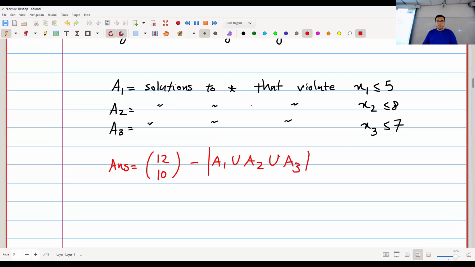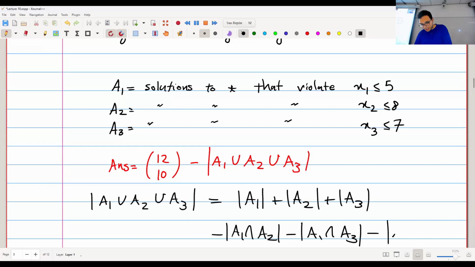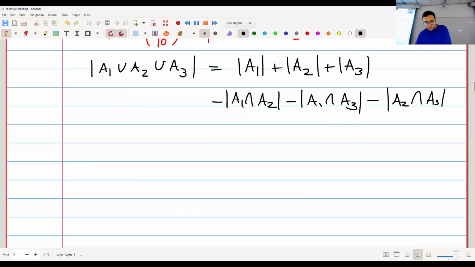Okay. But now I know how to find this size. I know that if I have A1 union A2 union A3, the size is actually just the size of A1 plus the size of A2 plus the size of A3 minus the size of A1 intersect A2 minus A1 A3 minus A2 A3, and finally plus A1 intersect A2 intersect A3.